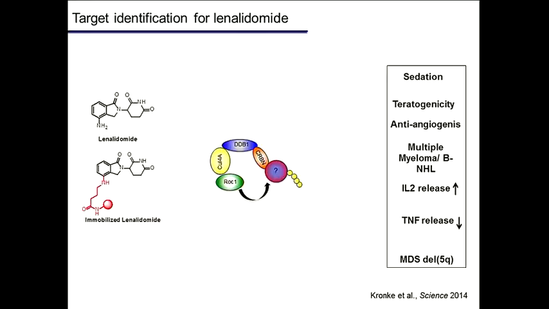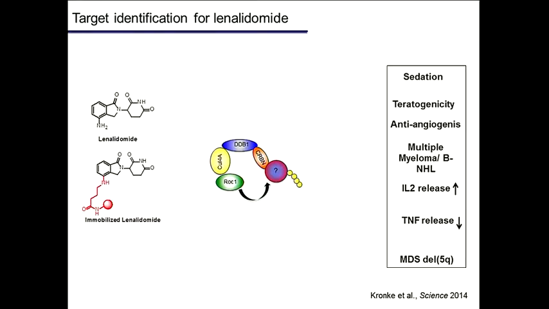And a drug that binds to an E3 ligase could potentially have many different effects depending on what proteins are degraded by that enzyme. And the effects of lenalidomide and thalidomide are quite diverse. There are sedative effects and antiemetic effects. That's why thalidomide was developed. Teratogenic effects, the phocomelia from thalidomide, anti-angiogenic effects, the effects in B-cell neoplasms, including multiple myeloma.